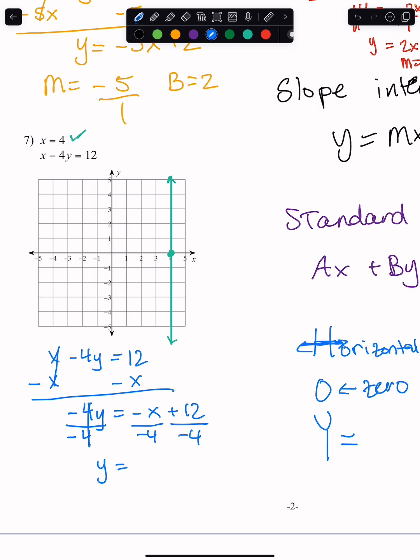And then 12 divided by 4 is negative 3. So my y-intercept is at negative 3. Rise 1, run 4, or go down 1, left 4. There's our line. And there you go.